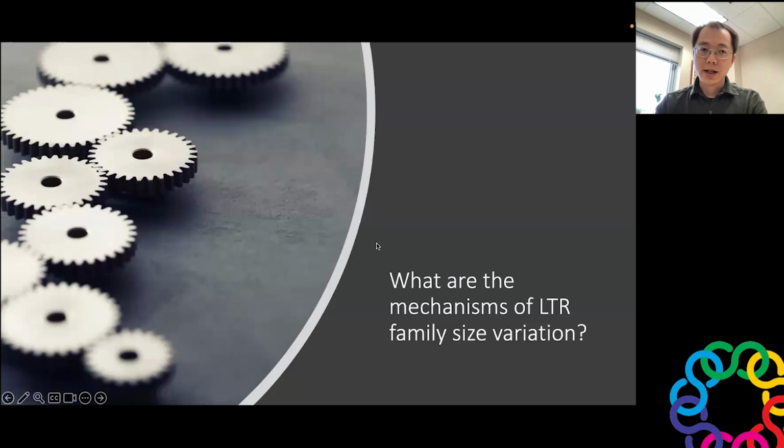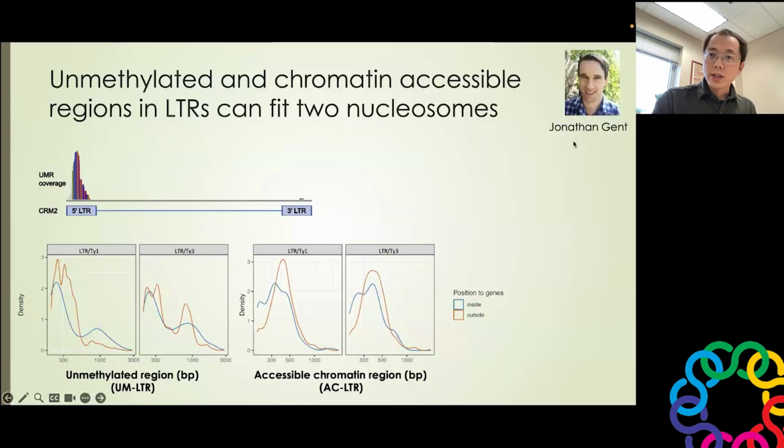So we look at the expression and the potential of expression itself. Jonathan Gent from the University of Georgia analyzed the methylation data from enzymatic methyl-seq, EM-seq, and identified those unmethylated regions.